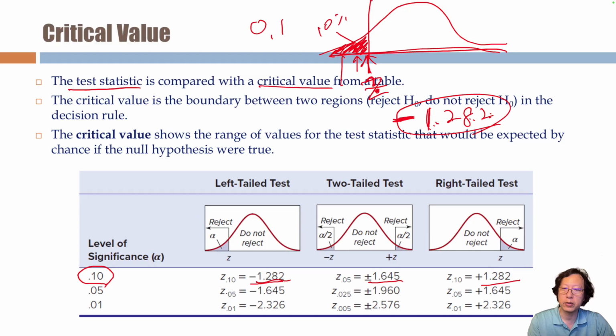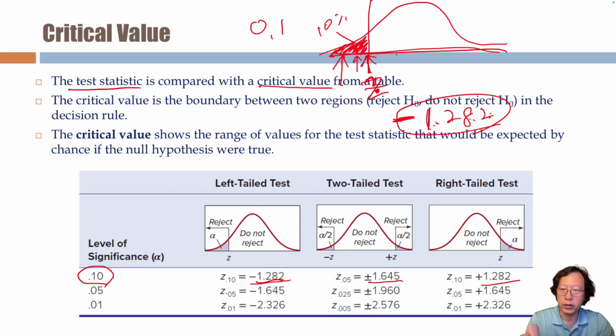So if you got something smaller than this z-value, then the chance of getting those numbers is less than 10%, which means this is a rare case. So if you got an x bar which has a z-value smaller than minus 1.282, probably that happened not by chance, then you can reject the null hypothesis.